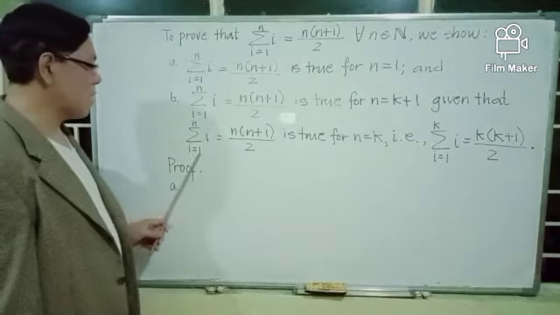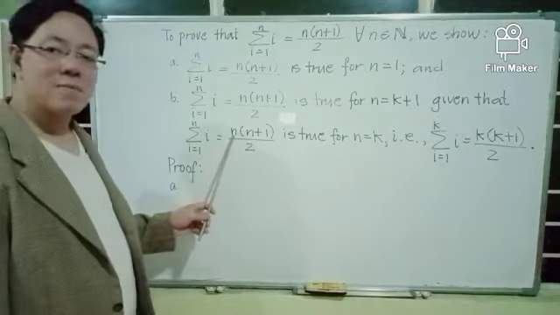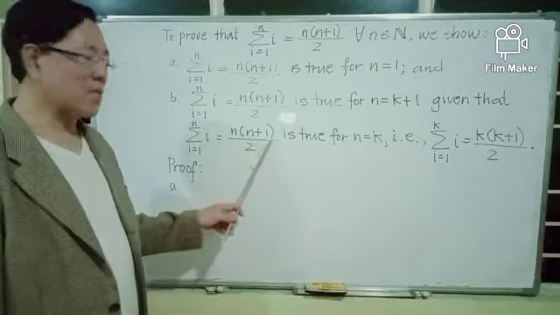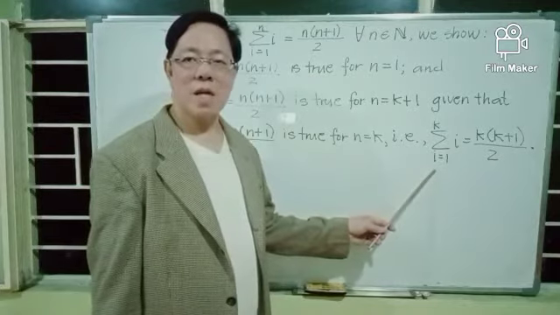You get summation of i, where i is 1 to k, is equal to k times quantity k plus 1 all over 2. This statement we take as true.